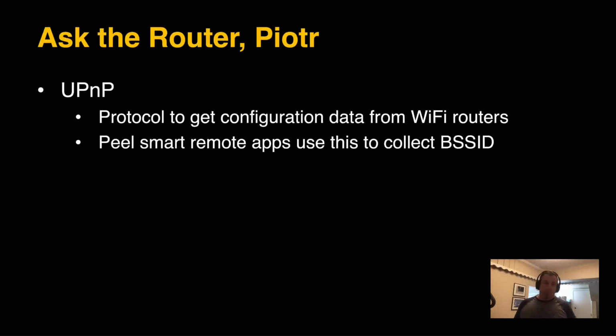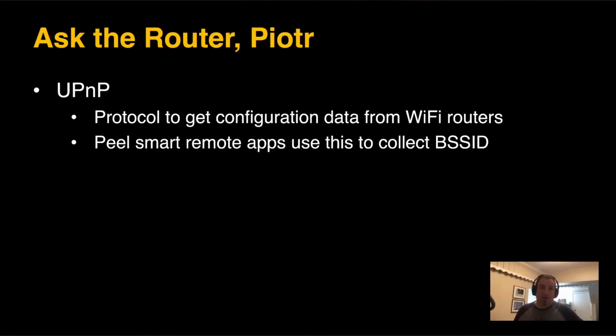Another vulnerability that we looked at that was actually being exploited is using the Universal Plug and Play protocol. This is designed to help with configuring new Wi-Fi routers that are added to a home network, but it also leaks information about devices. So we found at least one app that was directly opening up a socket to the upstream router.